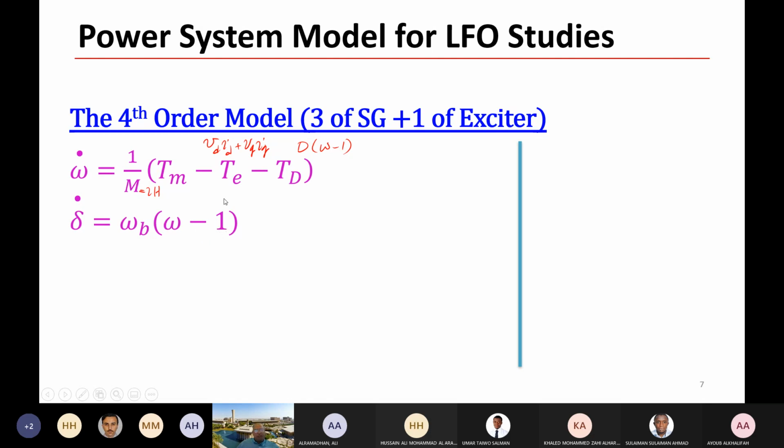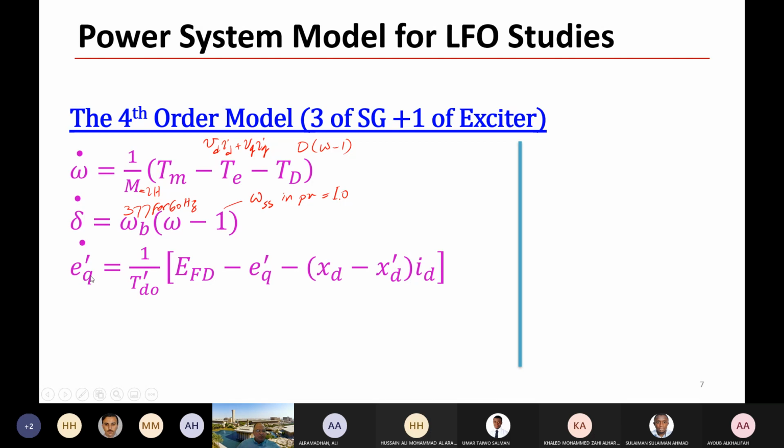One is the omega at steady state per unit, which is the synchronous speed, 1 per unit. And this is the base value, which is 377 for 60 hertz. For 50 hertz, it becomes 314.